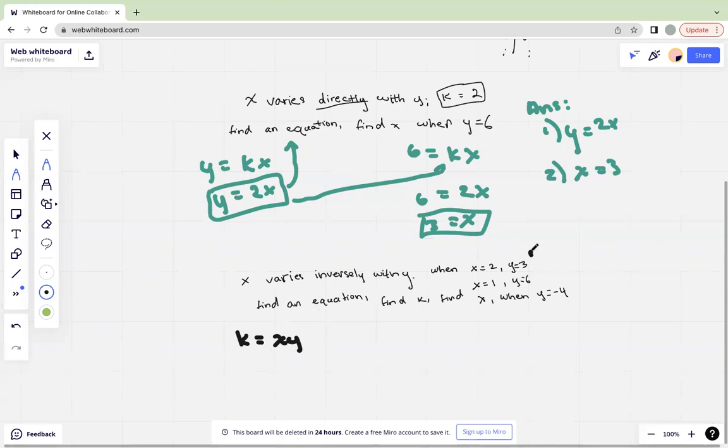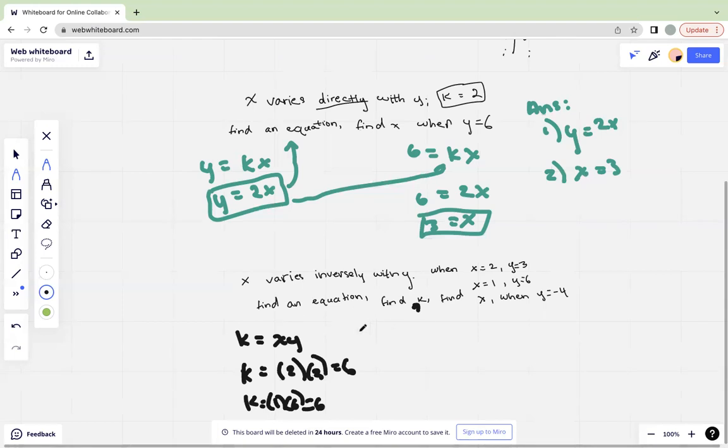Let's plug in situation 1, right? k is equal to 2 times 3, which is equal to 6. Let's make sure that that's correct with the second case. k is equal to 1 times 6, which is equal to 6. Voila. So we know our k value is equal to 6.